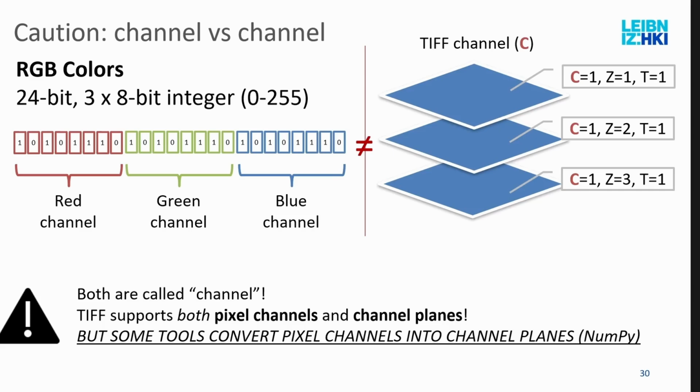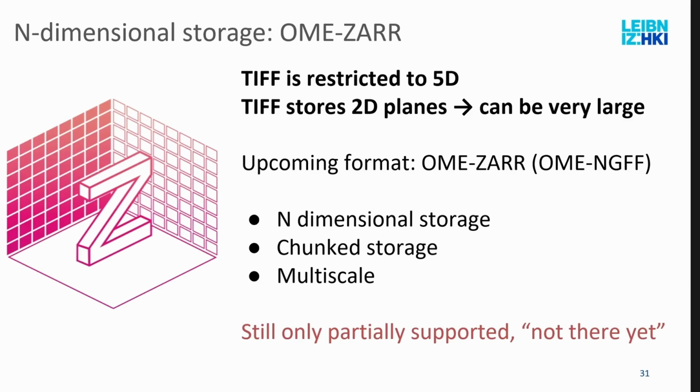In ImageJ you can scroll through it with the channel slider, but it actually scrolls through separate slices instead of filtering something out of the pixels. That's just the reality of how they organized it.